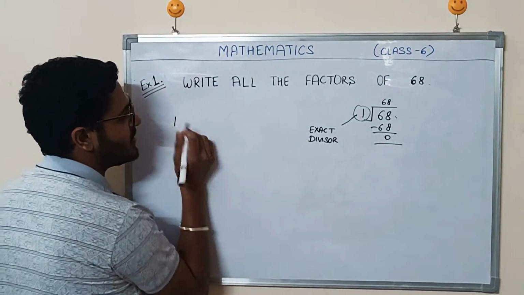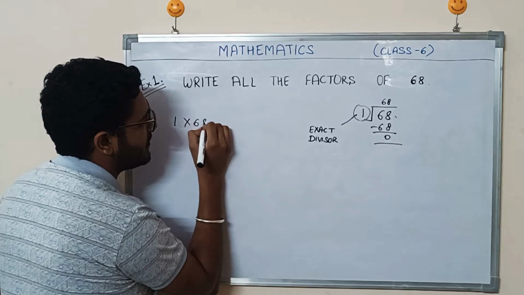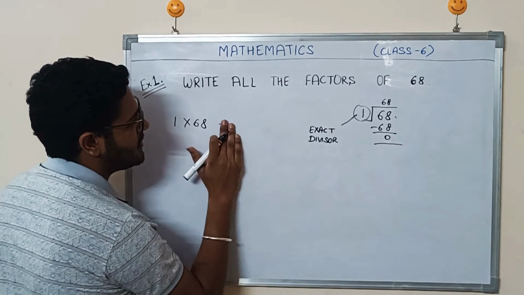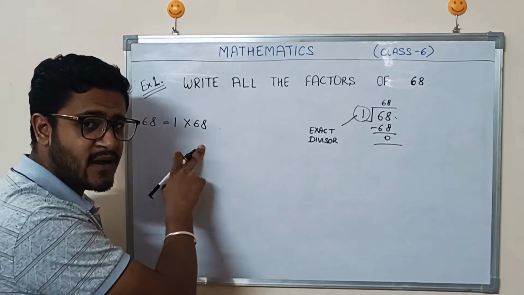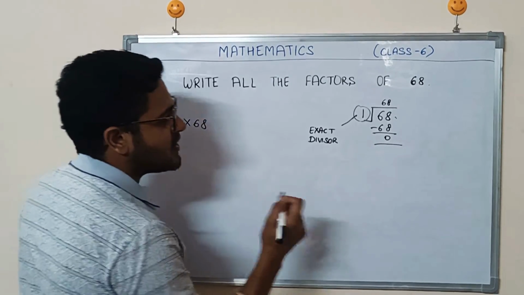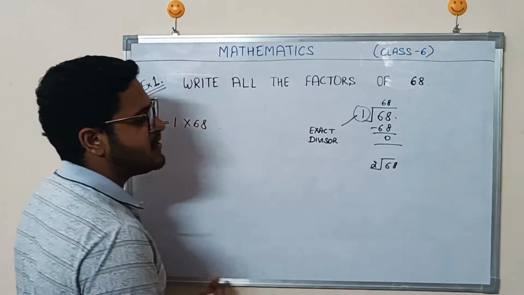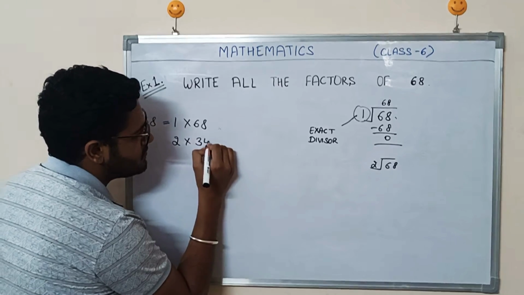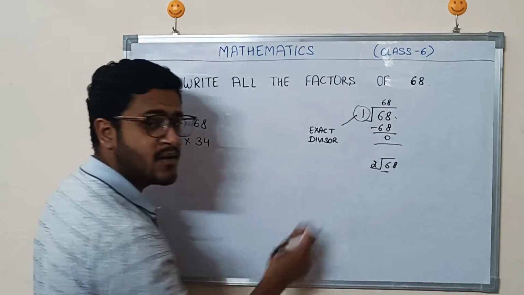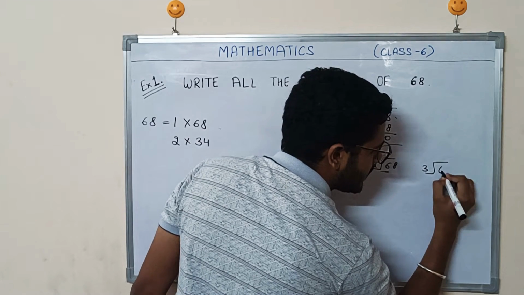So what we can write is 1 multiplied by 68 gives us 68, right? Now let's try this with 2. When you divide 68 by 2, we will get 2 into 34, right? Now let's try to divide by 3.